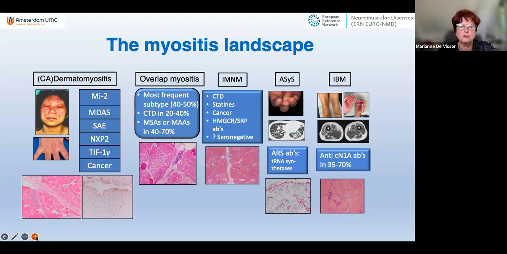This is an overview of what we can find in the various 5 subtypes. I would like to point out that cancer is found in dermatomyositis, and IMNM can also be associated with cancer.